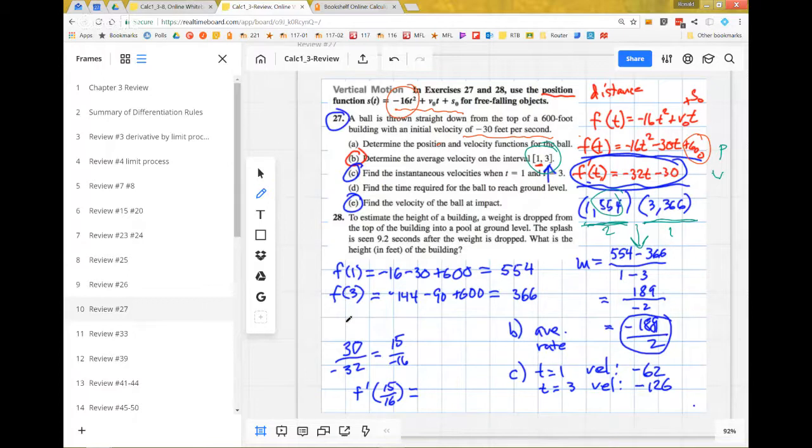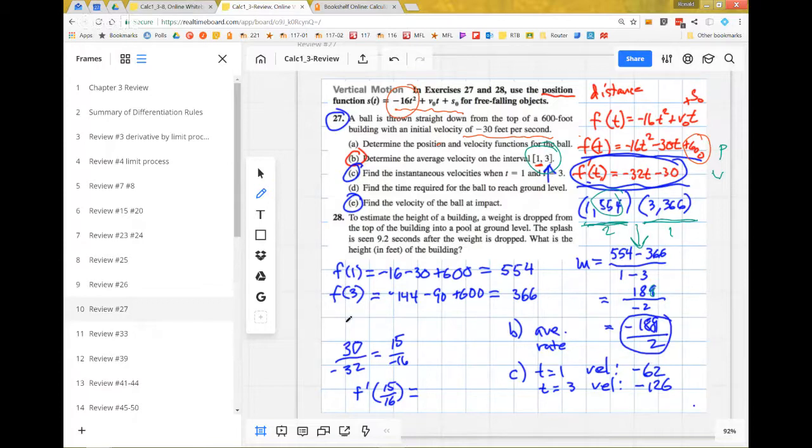So anyway, there it is, -189 over 2. Actually, is that 188 over 2? Yeah, I'm sorry. That's 188 over 2.